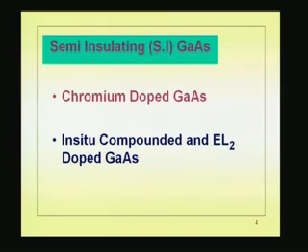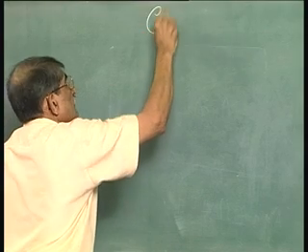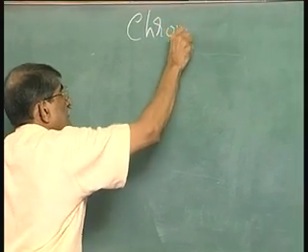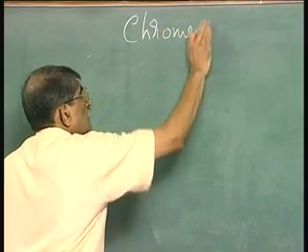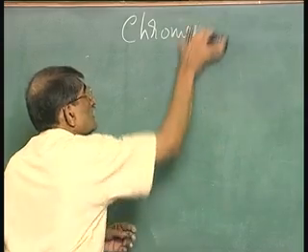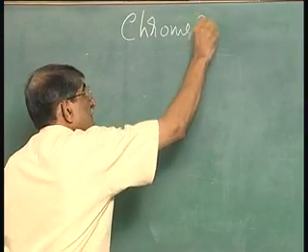Now, what is the thing? So, what we said is, to get there, one route that you choose is chrome doped, or chromium doped, both are same.